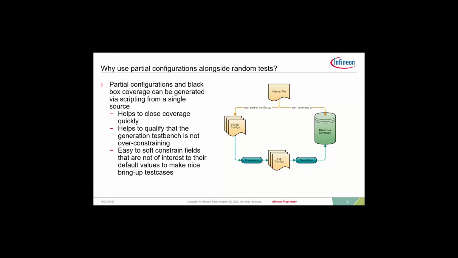And from that same master file, we're able to generate a set of partial configurations that would hit that black box coverage. That not only helps you close coverage quickly and deterministically, it helps you qualify that you're not over-constraining, because you'd expect to be able to generate the configurations that are within your coverage model.